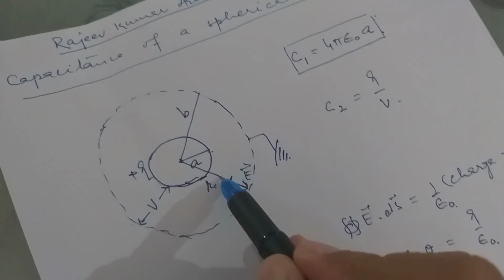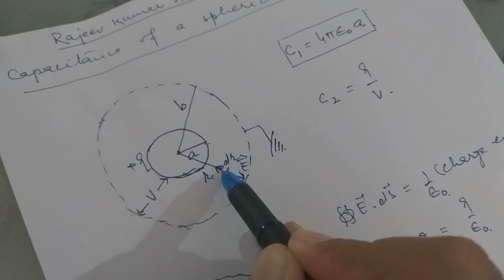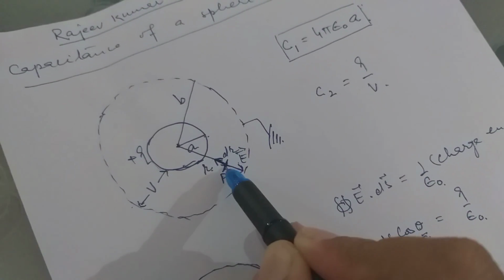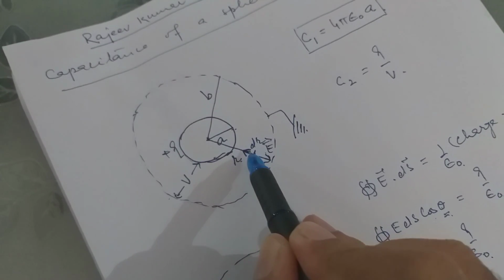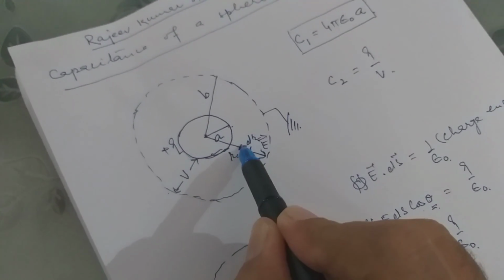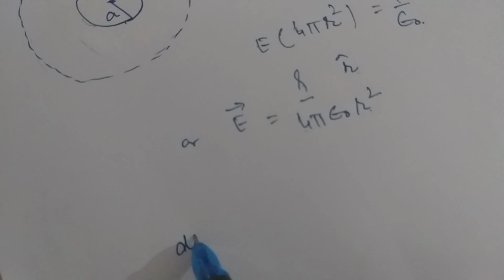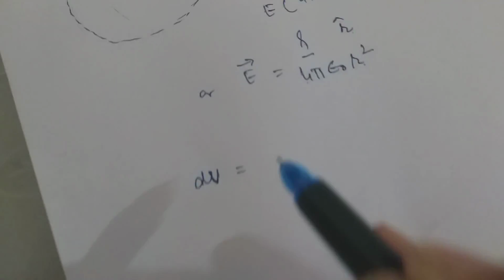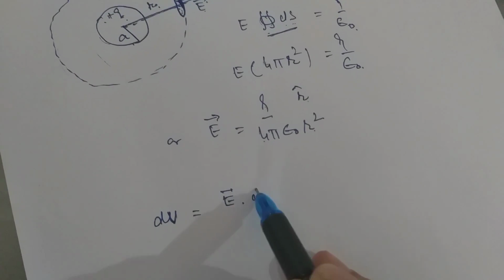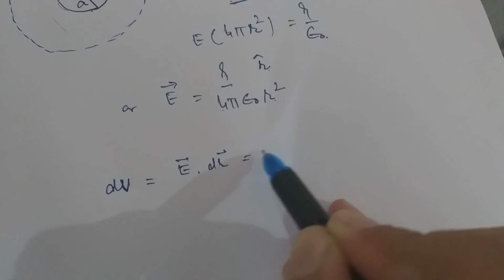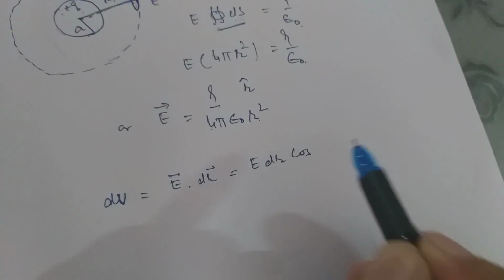Now what is the potential difference across this small element dr at point P? If a unit positive charge is moved through dr, then the potential difference across dr will be dV, equal to E dot dr, or E dr into cos theta.